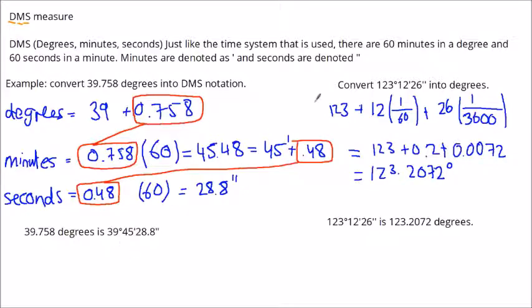So if you look at this right now, if you take this 0.758, this remainder of the fraction, and you multiply it by 60, you'll get this. Then you take this, multiply by 60, and you'll get the number of minutes, and then you take the remainder of that, multiply by 60, and you'll get the number of seconds.